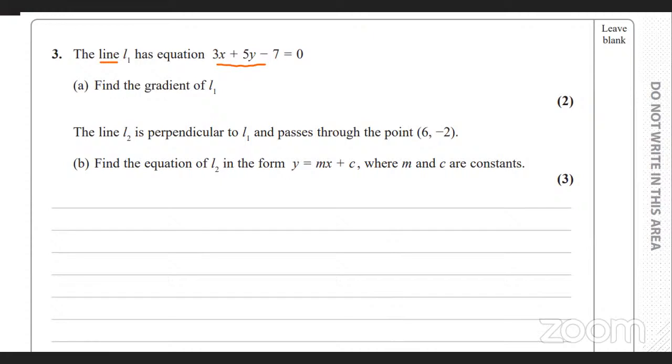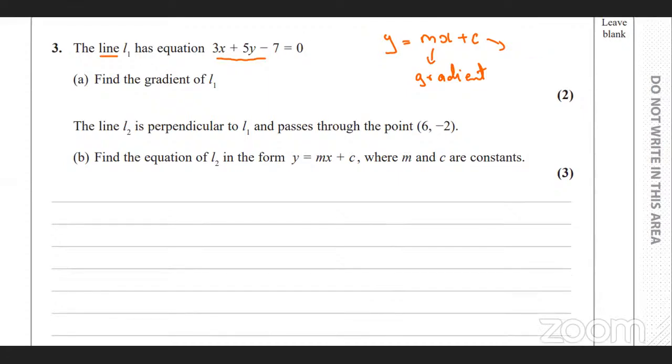So we know that y equals mx plus c is the equation of a simple line. This is the gradient of that line, or maybe the slope, whatever you call it. And this is the intercept, right? Let me just write it down.